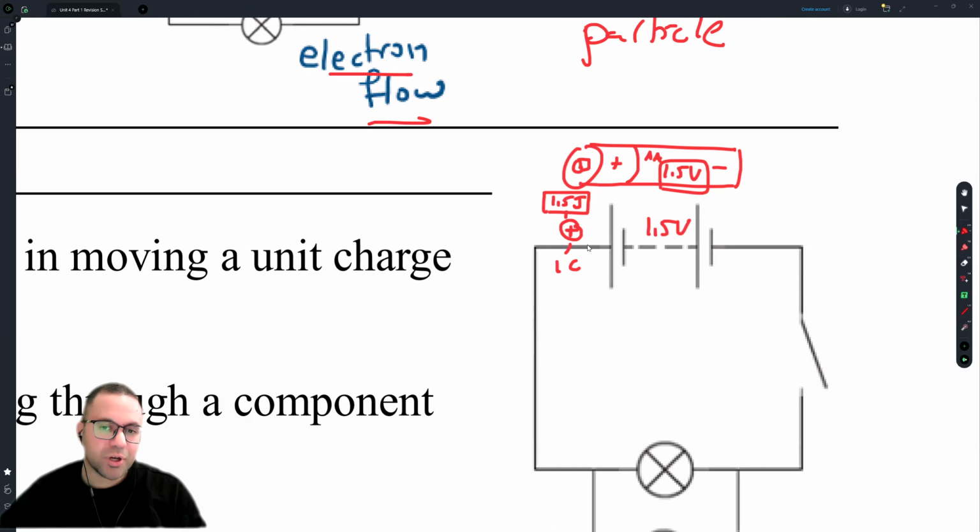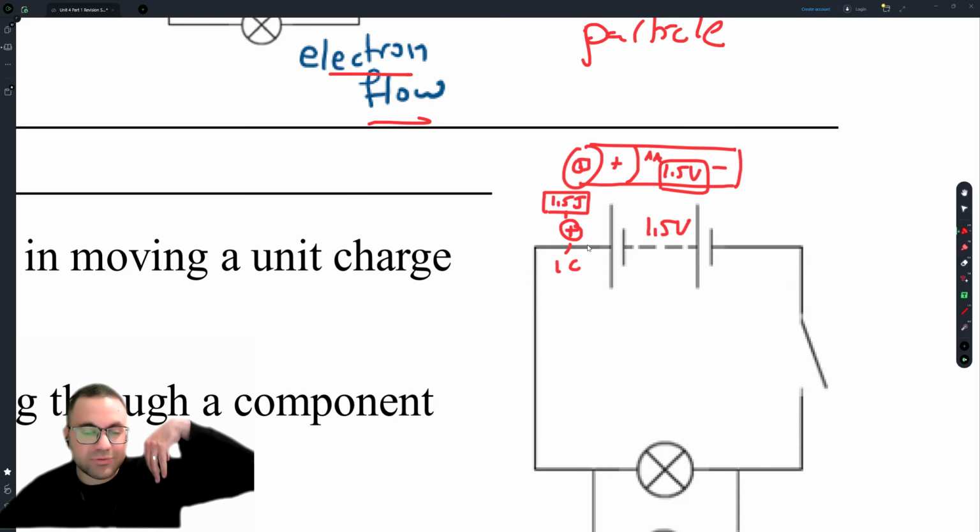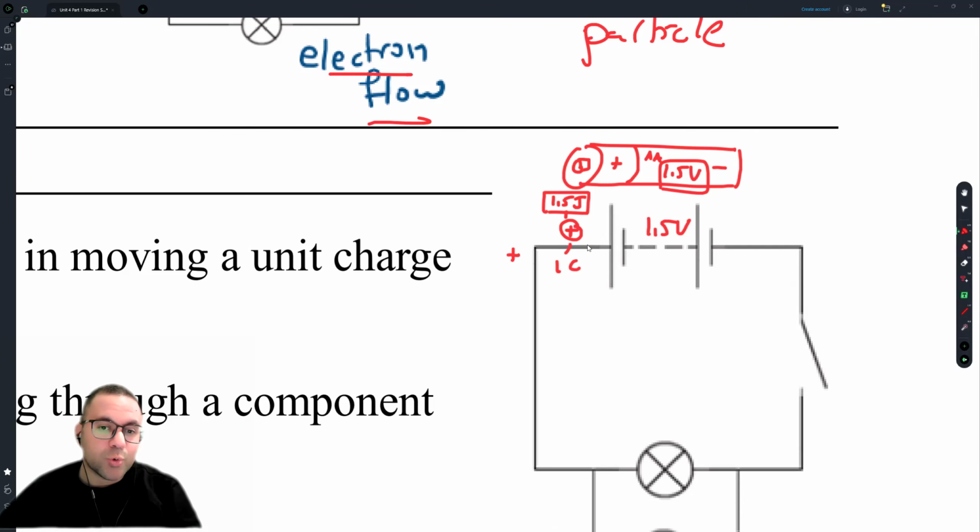If this is 1 coulomb, it carries with it 1.5 joules. Remember, the charge delivers energy. The charge is not the energy itself. This means that each and every single charge will carry 1.5 joules with it.